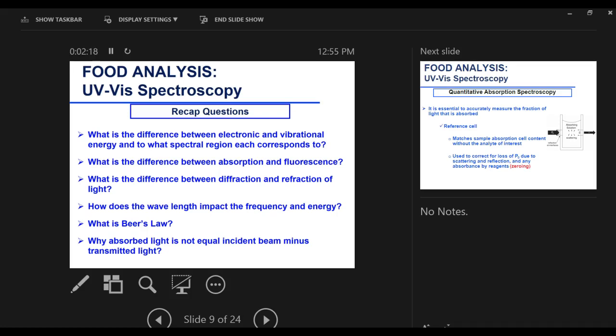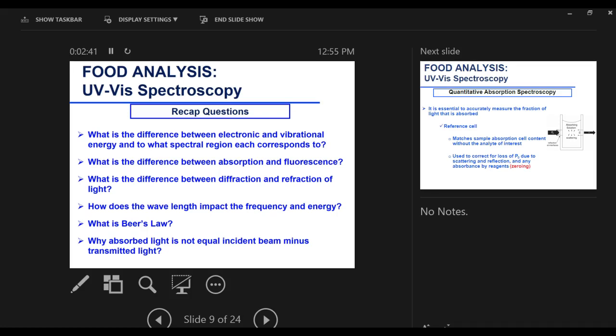Okay, so what's the difference between absorption and fluorescence spectroscopy? What the name is telling you. What's absorption? Yes, Sammy? Exactly.